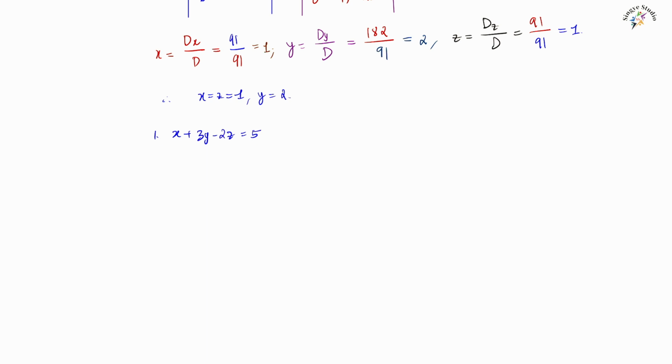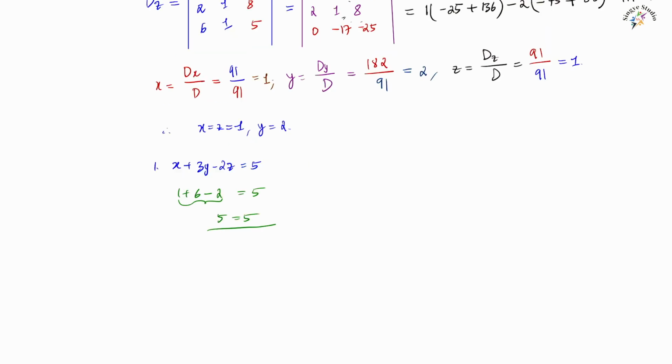Substitute the values: 1 plus 3 times 2 is 6, minus 2 times 1 is 2, equals 5. So we have 1 plus 6 is 7, minus 2 is 5, equals 5. So equation number 1 is satisfied.